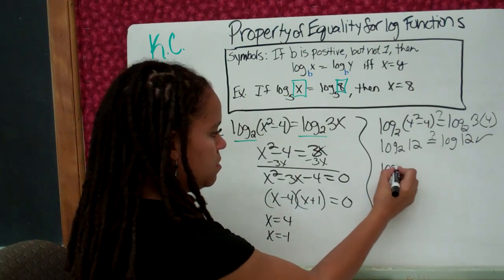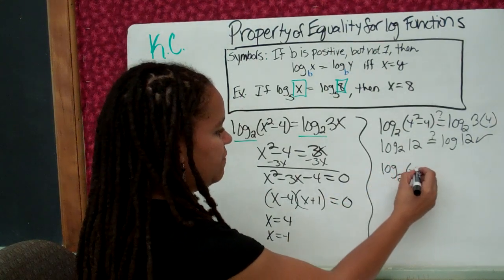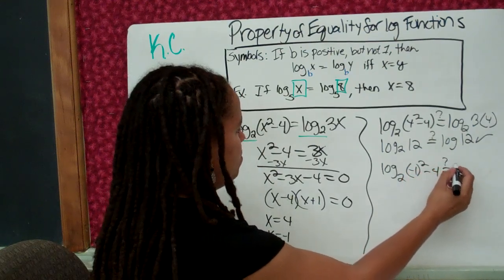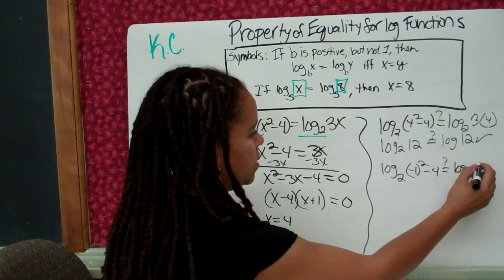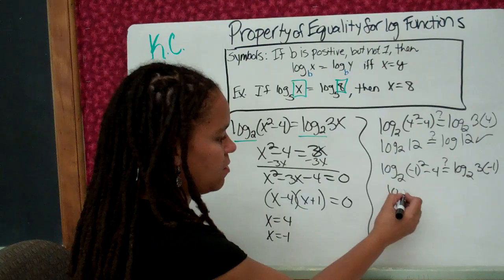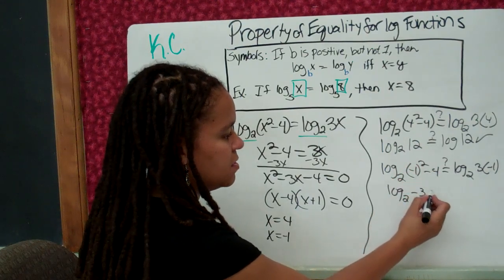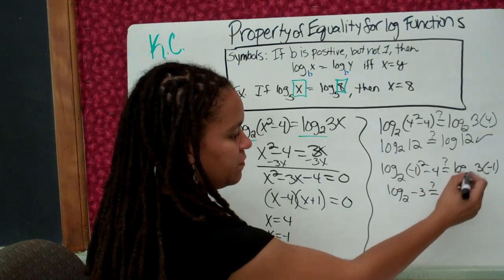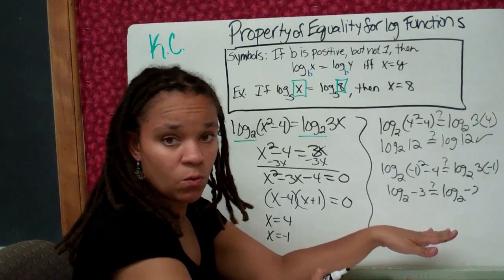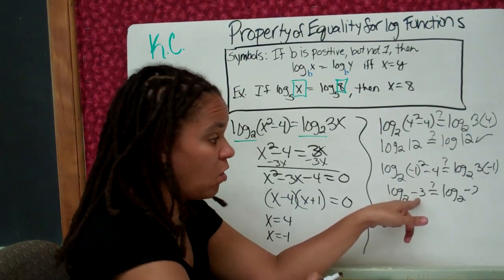Log base 2 of (negative 1 squared minus 4). Is that equal to log base 2 of 3 times negative 1? Well, let's see what happens. Negative 1 squared is 1, and 1 minus 4 is negative 3. Is that equal to log base 2 of negative 3? Yes, they are equal, but you cannot take the log of a negative number.